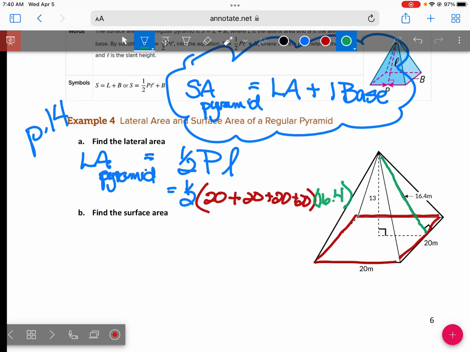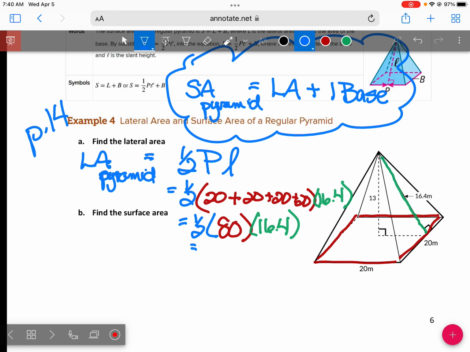Okay, so I can simplify this a little bit. I'm going to say that's equal to 1/2 times, what's 20 plus 20 plus 20 plus 20? A little higher. 80 times 16.4. And I like to simplify as much as I can before I get to the calculator.